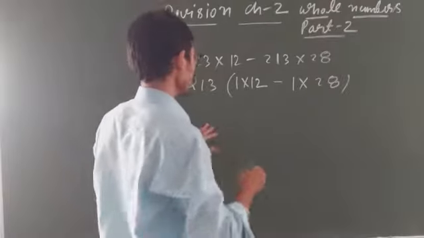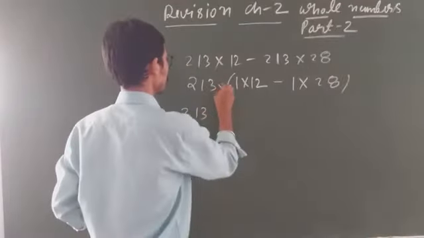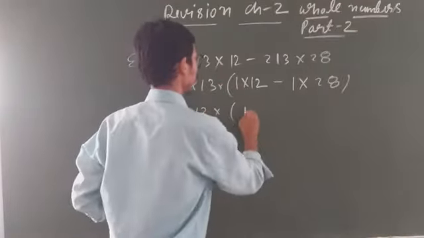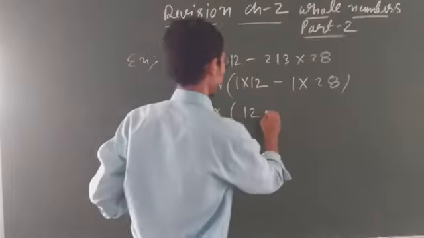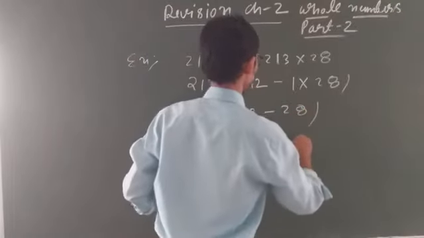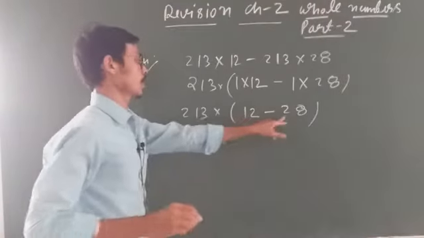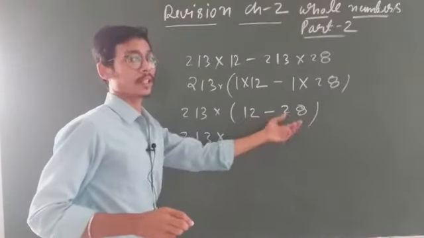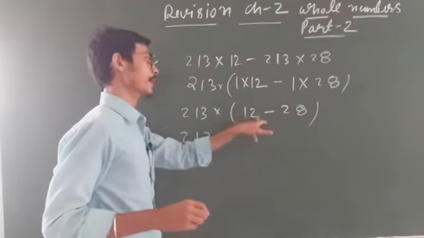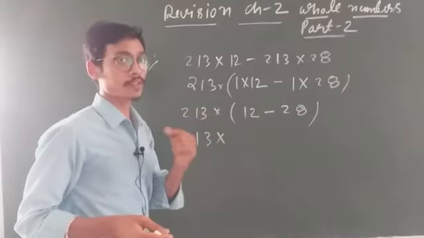Now what will it become? 213 into (12 minus 28). Clear student? Now 12 minus 28 you will not subtract directly, but you will subtract 12 from 28, and the sign you will take of the greater one.